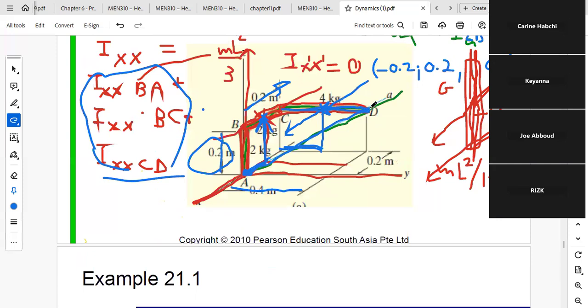For point D, all you have to do is to project D first on X and Y. So the X component of D is minus 0.2. For the Y component of D, if you do projection on the XY plane, this distance is 0.4.